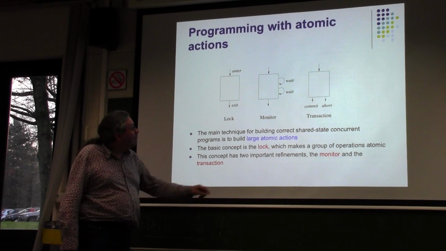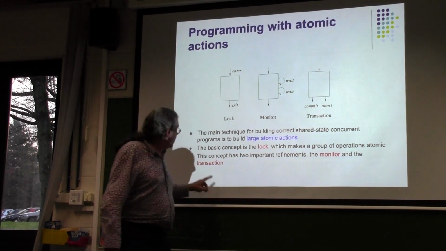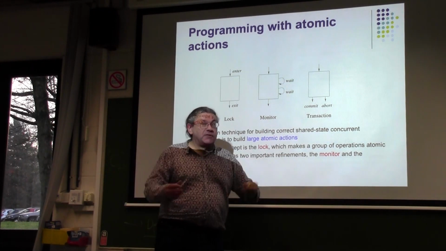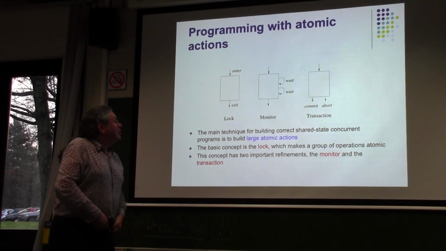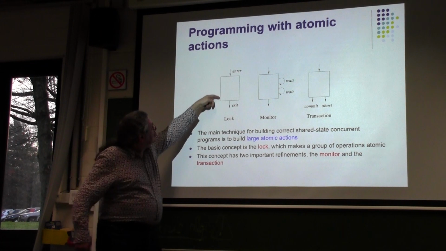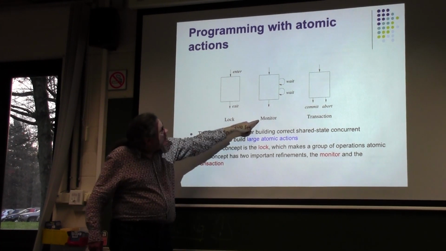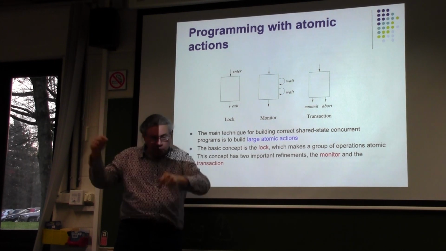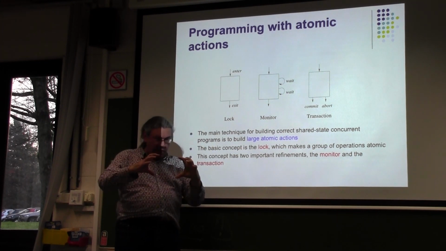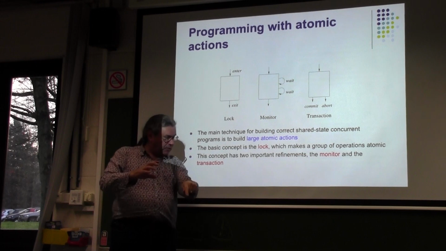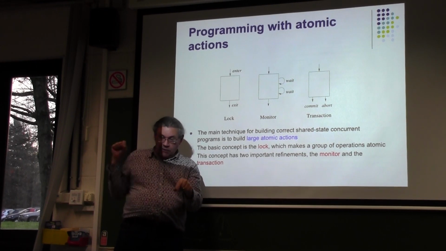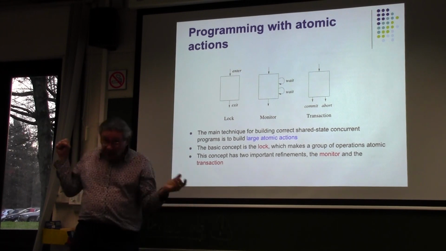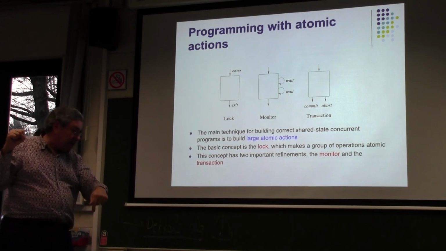And then there's two refinements of that, monitor and transaction. So they are both locks, but with something extra added. So a lock just groups them, but a monitor adds something more. If I have a data structure that's used by multiple threads, like let's say I have a buffer, and I put an element in, and I take an element out. So the thread that takes the element out has to wait until the other one puts an element in.